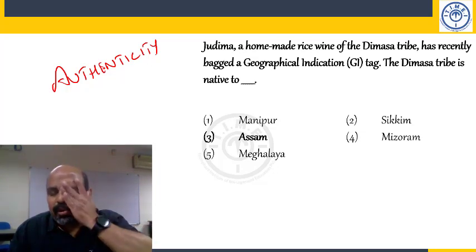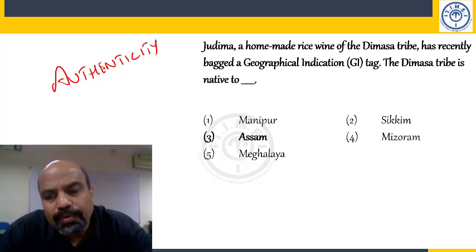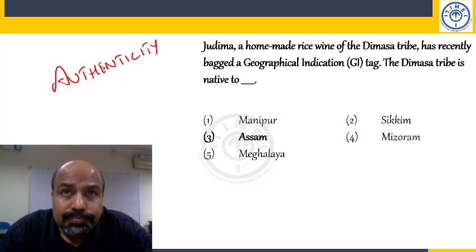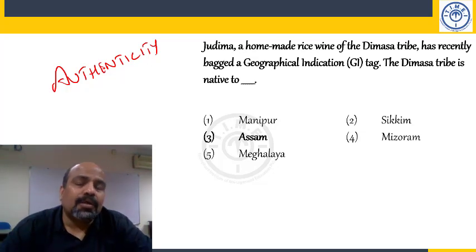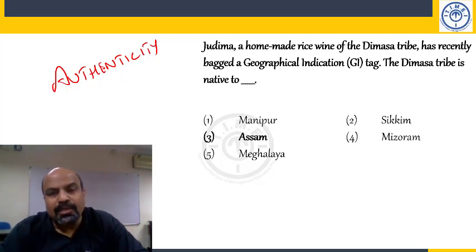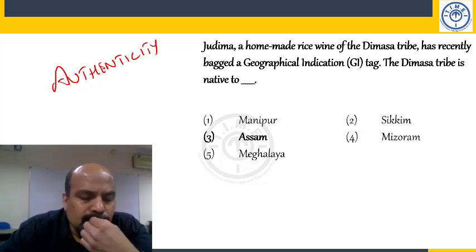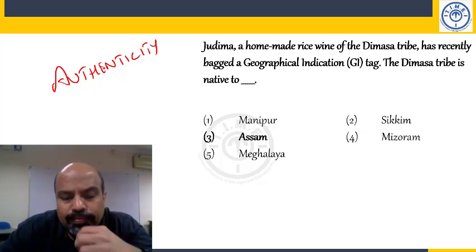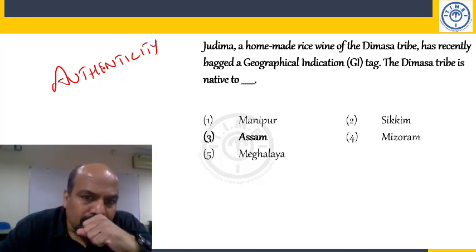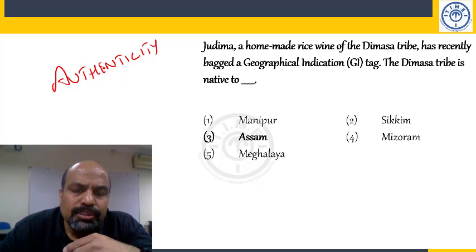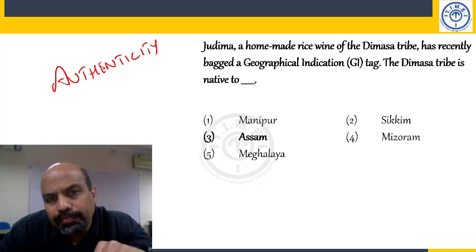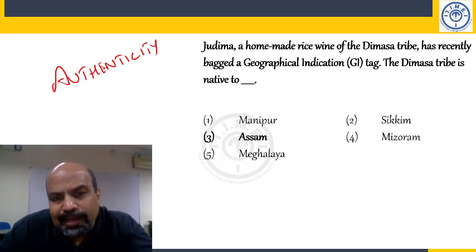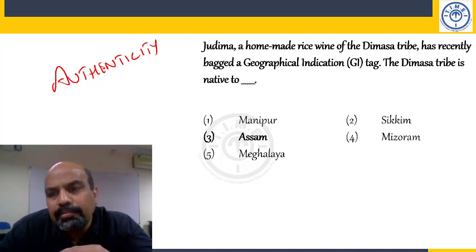Next point. Once a product gets a GI tag, geographical indication tag, no person or organization can produce a similar product under that name.